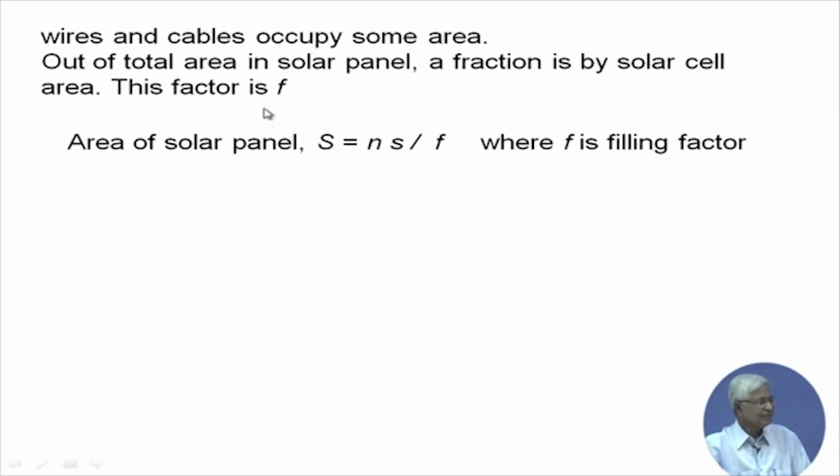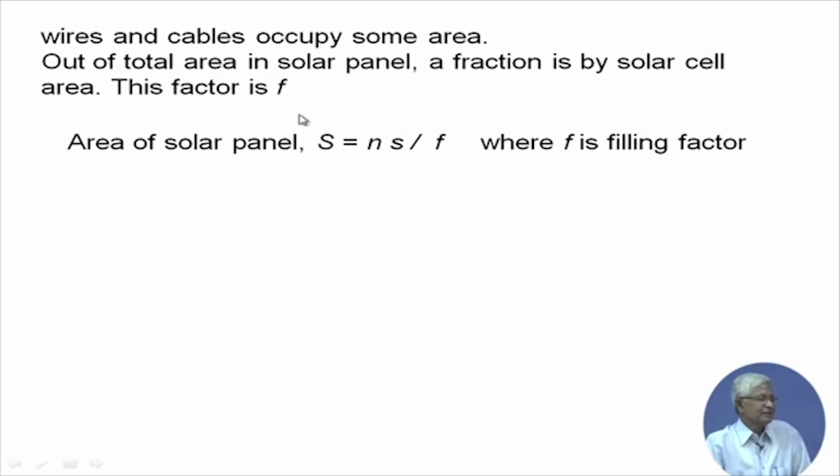Now there are certain more things. When you put the solar cells, between the cells the wires will go. So if we try to calculate the solar panel size, we have to consider that. Out of the total area of the solar panel, a fraction will be taken by the solar cells.